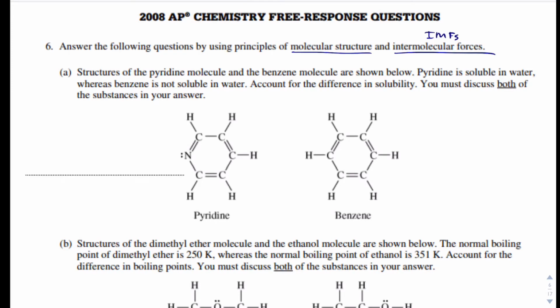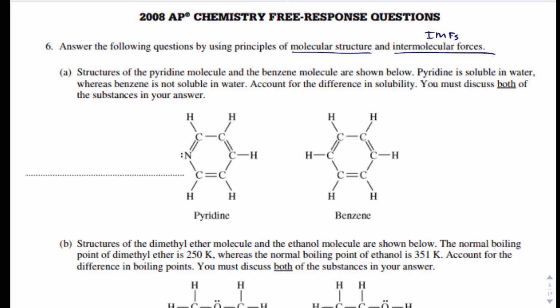So one thing that you should be somewhat familiar with is that true hydrocarbons, where it's C some number, H some number, will always be nonpolar. Okay, so those aren't going to dissolve in water, and the reason is that a carbon-hydrogen bond is not polar, and there are no lone pairs.